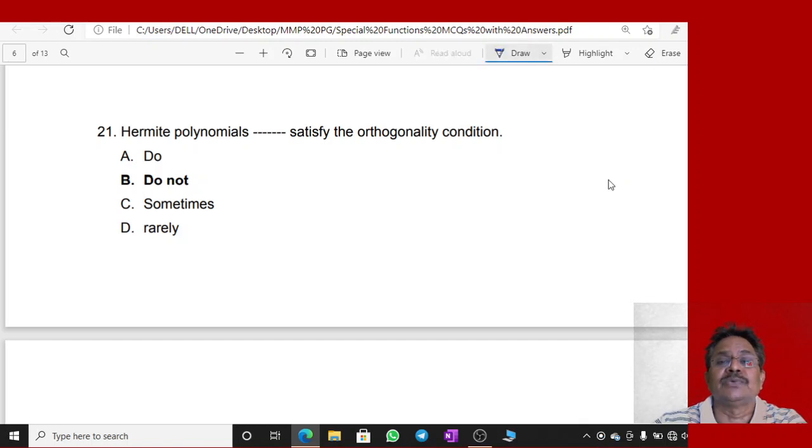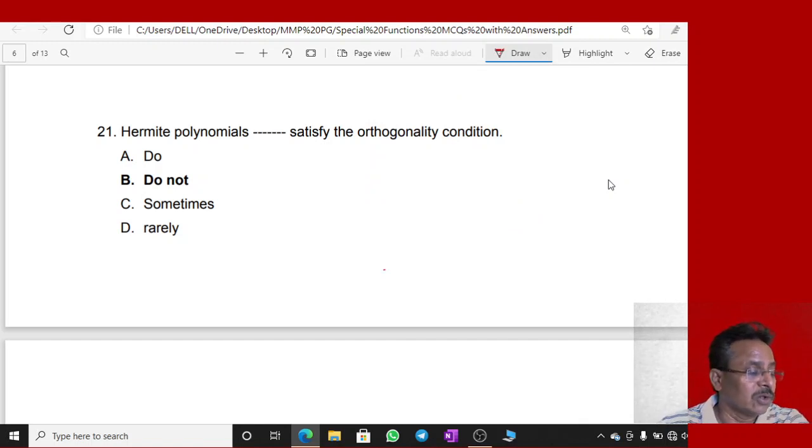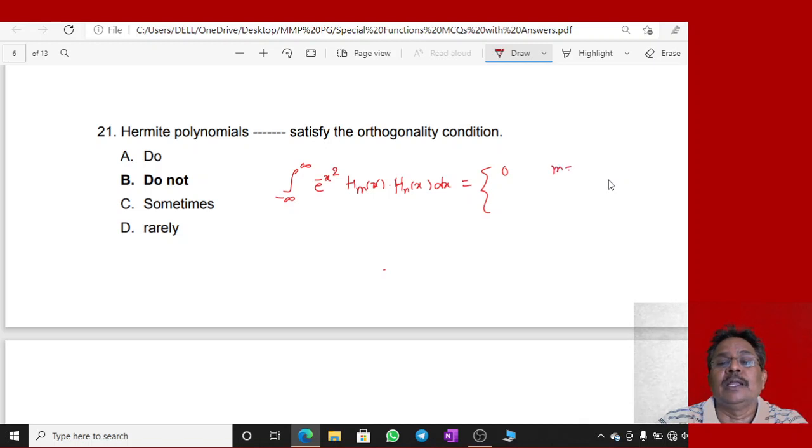Now in this case, as we have already seen, the orthogonality condition for Hermite polynomial is given as the integral from minus infinity to plus infinity. There is a factor e raised to minus x square, which is the additional factor we need here, multiplied by Hm of x multiplied by Hn of x, into dx, and this will be equal to 0 if m and n are not equal.